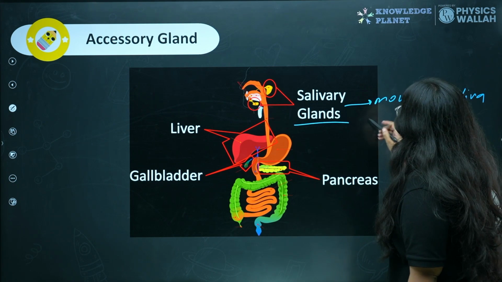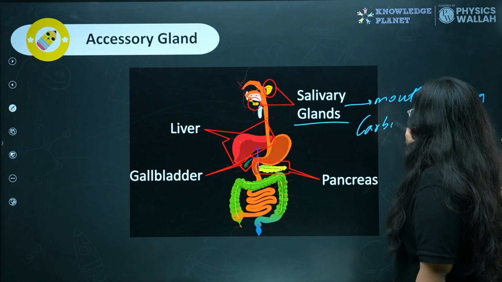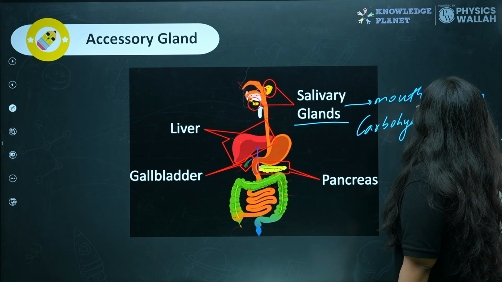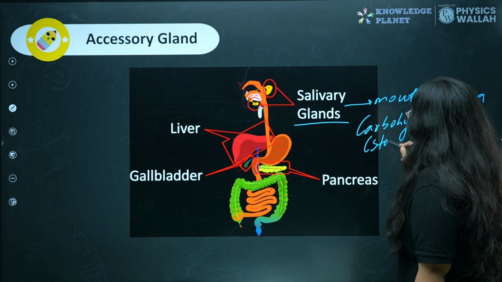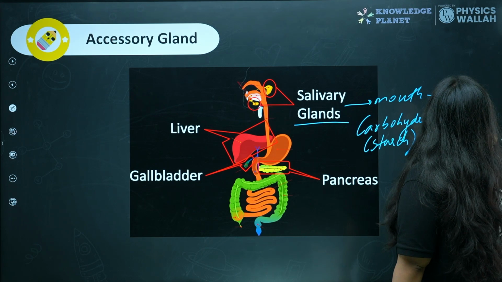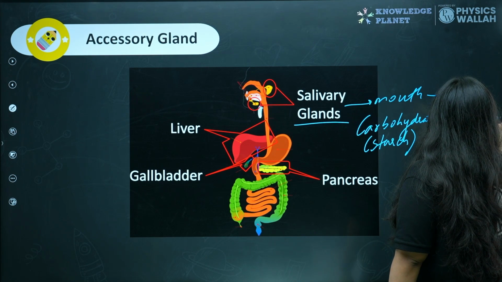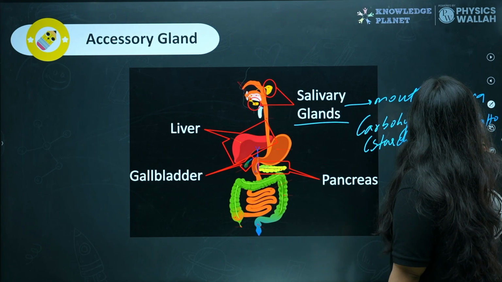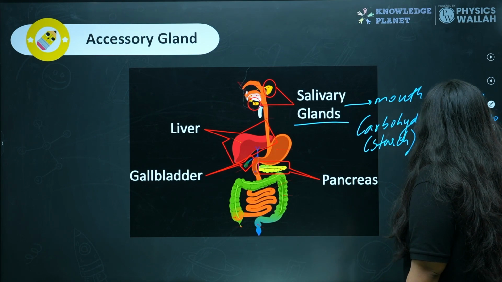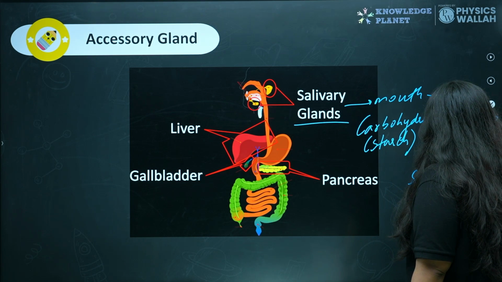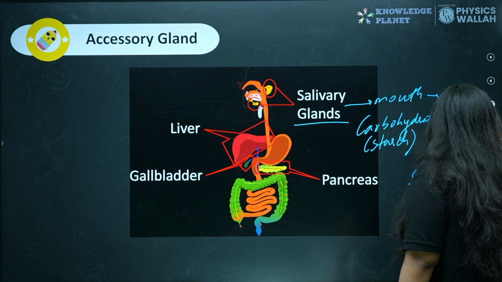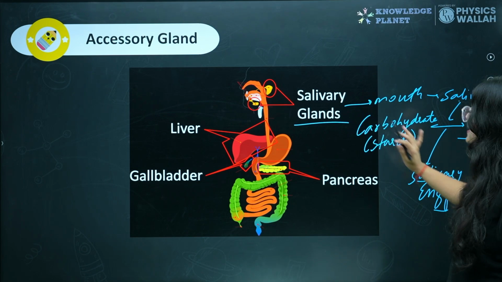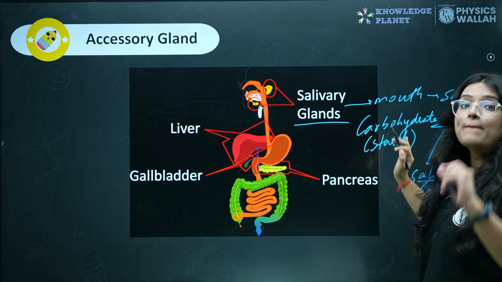This saliva will break down the carbohydrate, mostly starch, into maltose. Okay, because saliva consists of salivary amylase, an enzyme. Alright, so because of this salivary amylase, you will see this carbohydrate is broken down first in the mouth.